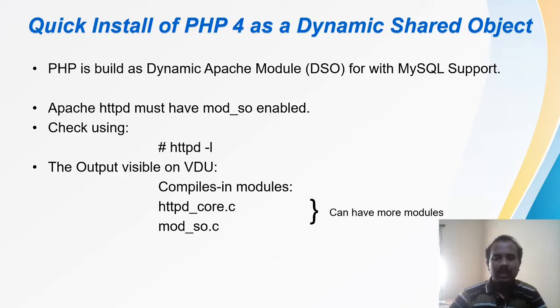Mainly http_core.c and mod_so.c and some other modules are listed. It need not be only two, you can have many modules, depending on your requirement. But make sure that the mod_so.c module is present, because if it is not present, then you have to add mod_so.c.